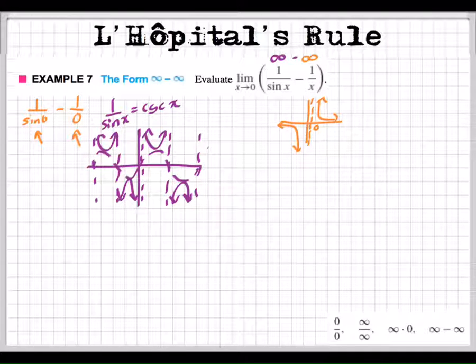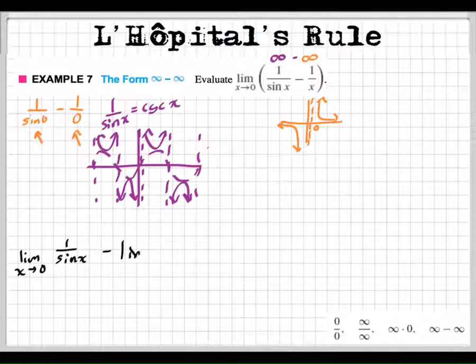So we have the limit as x approaches 0 of 1 over sine x minus the limit as x approaches 0 of 1 over x. Actually, let's keep the negative in there with it. So what we're going to do is L'Hopital's rule for each of those.